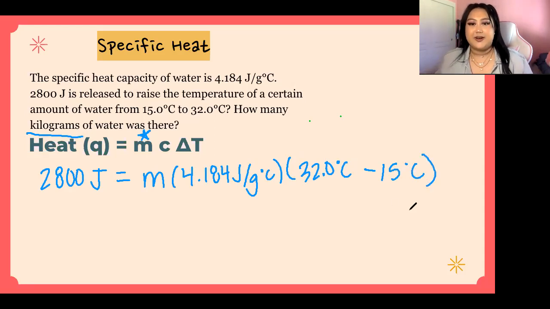Does everyone see where we got all the information and plugged it in? Any questions on how we set up the problem? No? Okay. So what is 32 degrees Celsius minus 15 degrees Celsius?